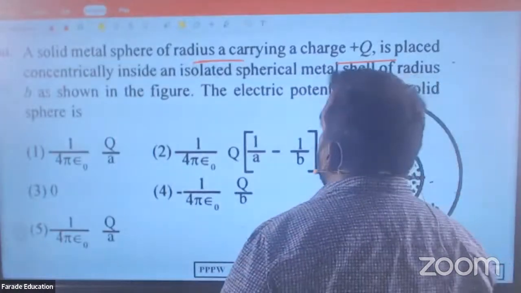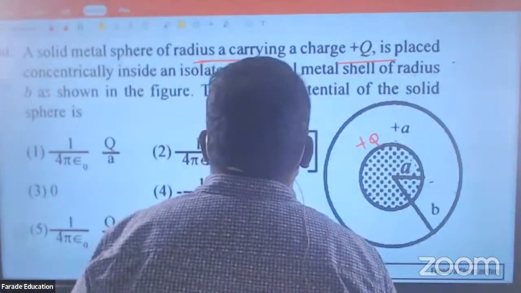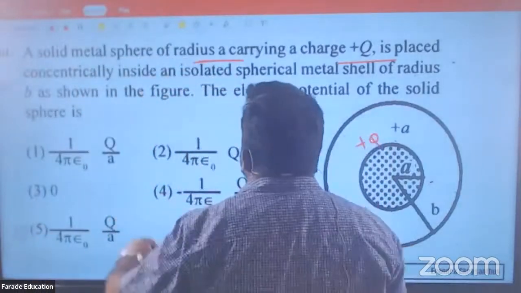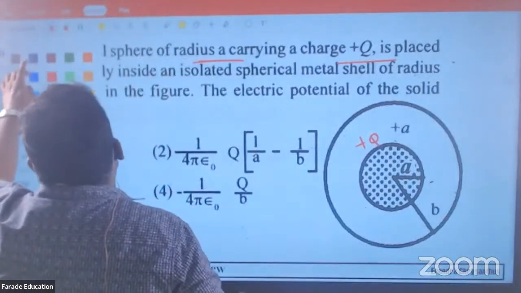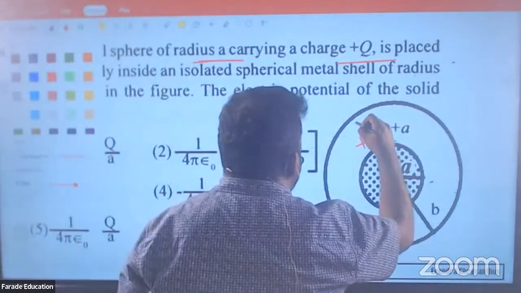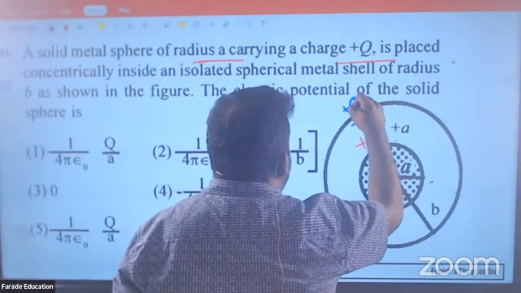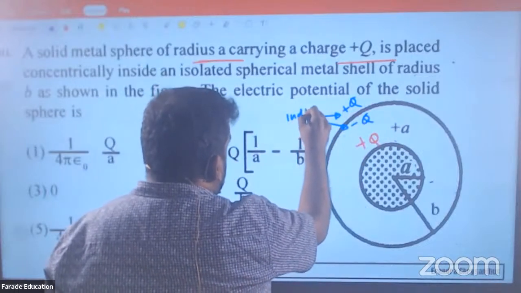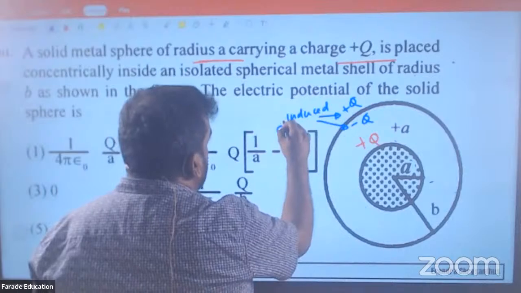So this is your shell. The electric potential of the solid sphere is, look at the board now. If there is plus Q here, there will be induced charges taking place. So here you have minus Q, here you have plus Q. These are the induced charges.